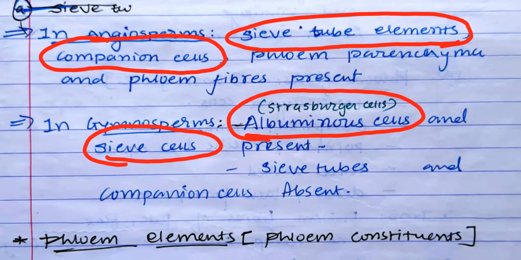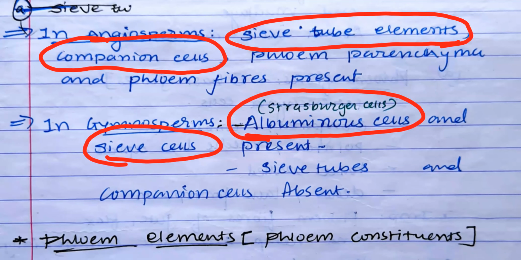In the same manner, just like tracheids in xylem and sieve cells in phloem in gymnosperms, similarly, angiosperms are a bit more evolved. They have higher level components, such as vessels in xylem and sieve tubes in phloem.